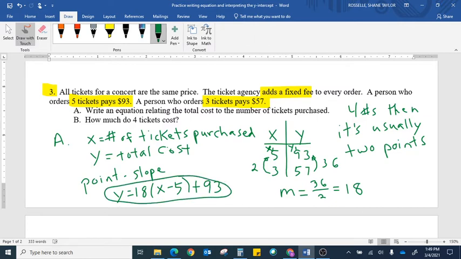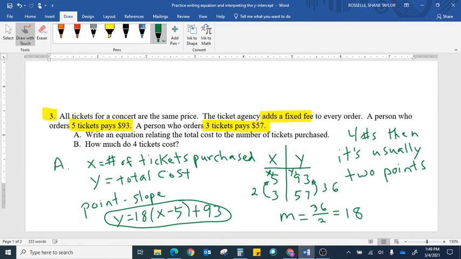And the next part would be just answering the next question, which is part B. If I have enough room over here, I'm going to show you part B. It asks what's going to be the cost of 4 tickets.